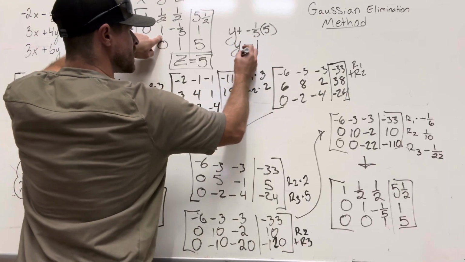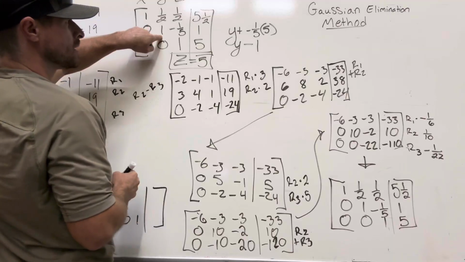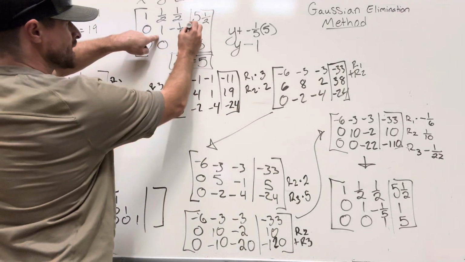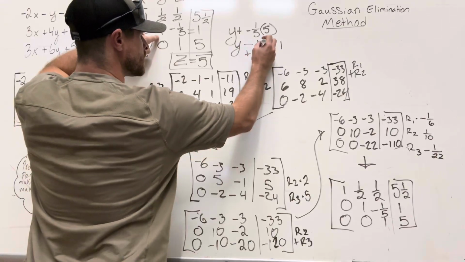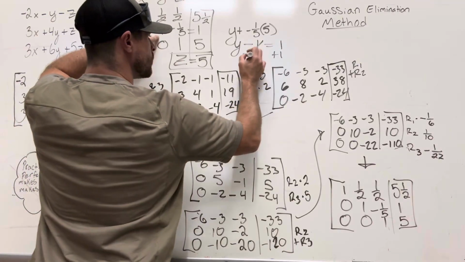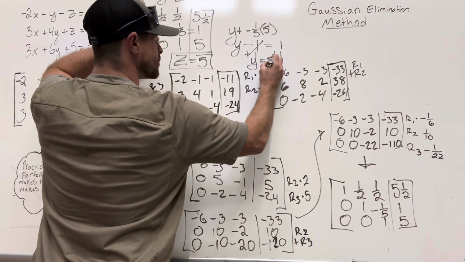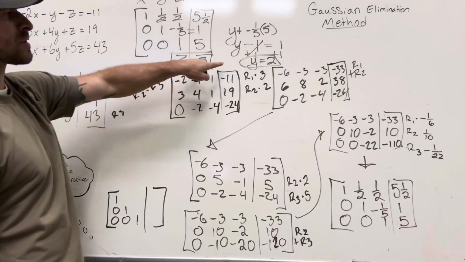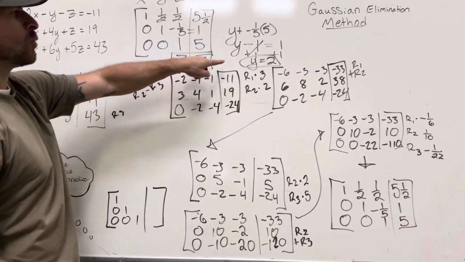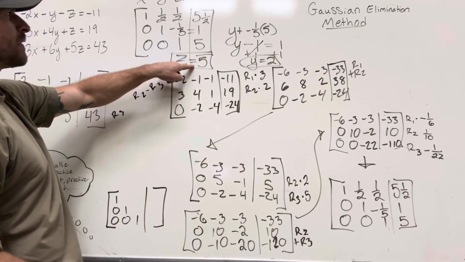So now we got Y minus 1 is equal to 1. Remember, this is like an equal sign. Plus 1, cancel, plus 1, Y is equal to 2. So now we got 2 of our variables: Y is equal to 2, Z is equal to 5.